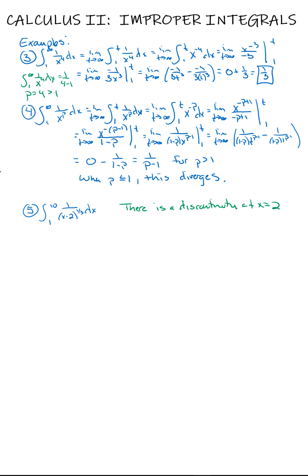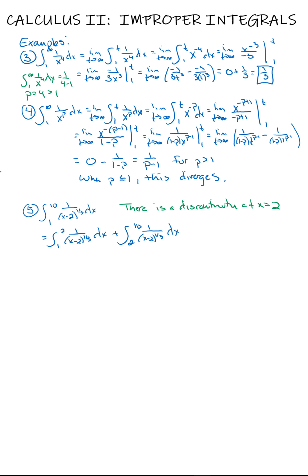Well, we will set this up as 2 different integrals. We're going to integrate from 1 to 2, plus the integral from 2 to 10. And each of those integrals needs to be written as a limit.